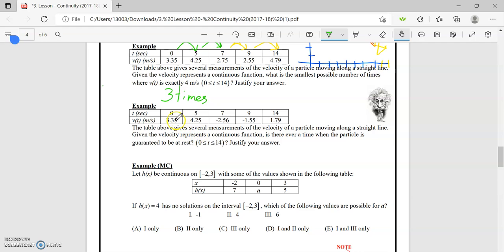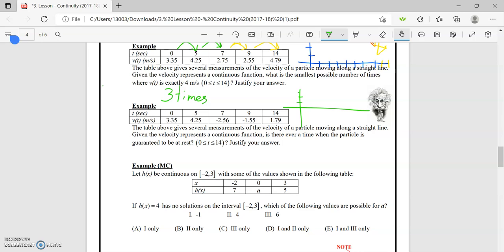But we are trying to figure out, was it ever guaranteed to be at 0 or at rest, 0 meters per second? Well, from 0 to 5, it could have been, but it's not guaranteed because we can only draw our guaranteed line between 3.35 and 4.25, which does not cross 0. From 4 1/4 down to a negative velocity of negative 2.56, yes, that one absolutely would.